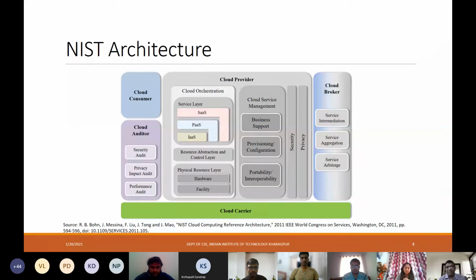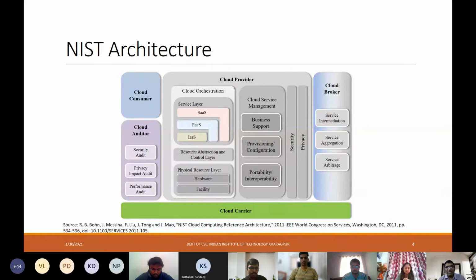Next, we go to the next one, which is called the cloud service management. So earlier, what we looked at is that you have these different physical resources, you abstract these resources, and then you offer these resources as different types of services. Right. So parallelly, what you also need to do is have some kind of management of these different services.